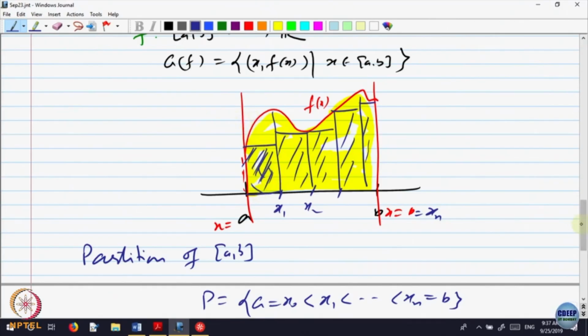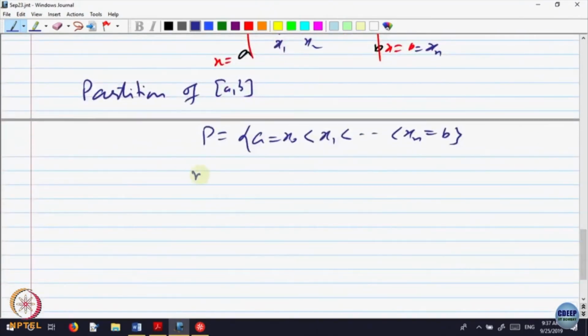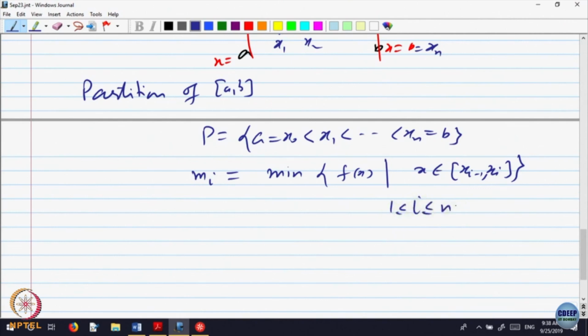So let us write mi equal to the minimum of f of x, x belonging to xi minus 1 to xi, where i goes from 1 to n. And similarly, let us write capital Mi to be the maximum of f of x, x belonging to xi minus 1 to xi.